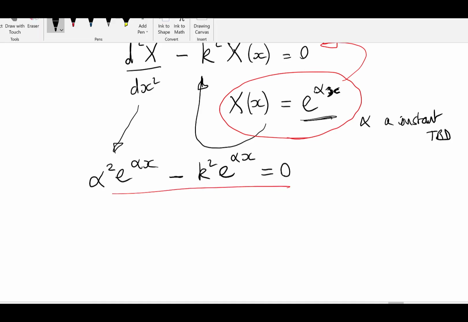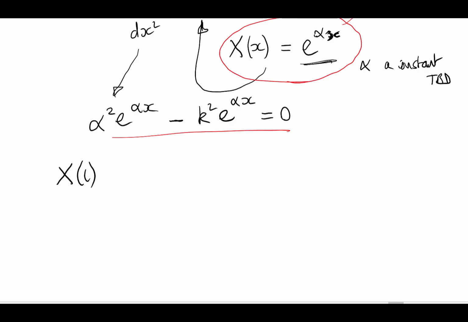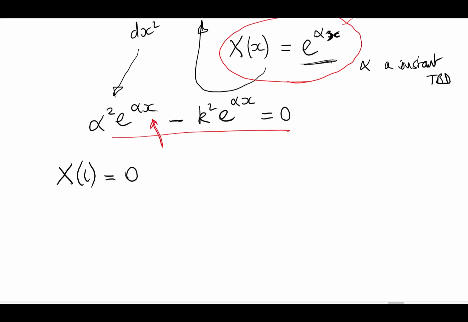So again, we think about our boundary conditions, and remember we need X of L to be equal to 0. Okay, so let's look at our expression here for a second. In order for X of L to be 0, if we substitute L here and here, we're going to have two positive values, e to the alpha L on both sides.